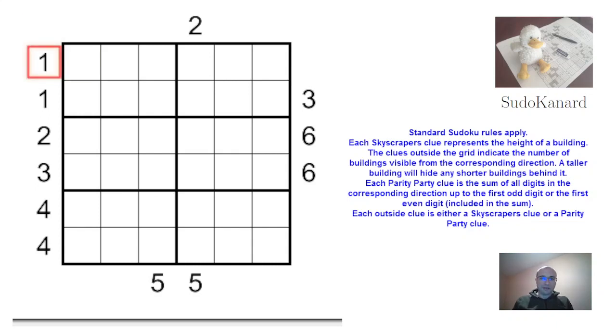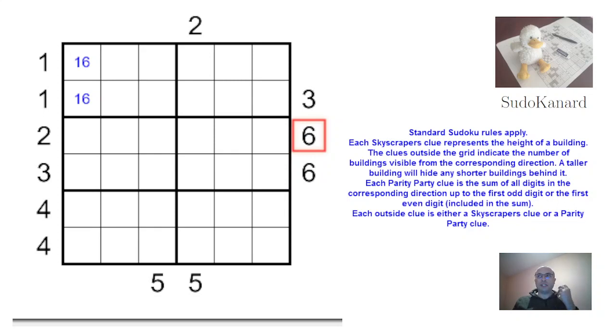So if this is a parity party clue, then this has to be a 1. If this is a skyscraper clue, then this has to be a 6. Alright, no worries, this works, this absolutely works. If this is a skyscraper clue, then it puts a 6 here, that breaks. So those are both parity party clues.